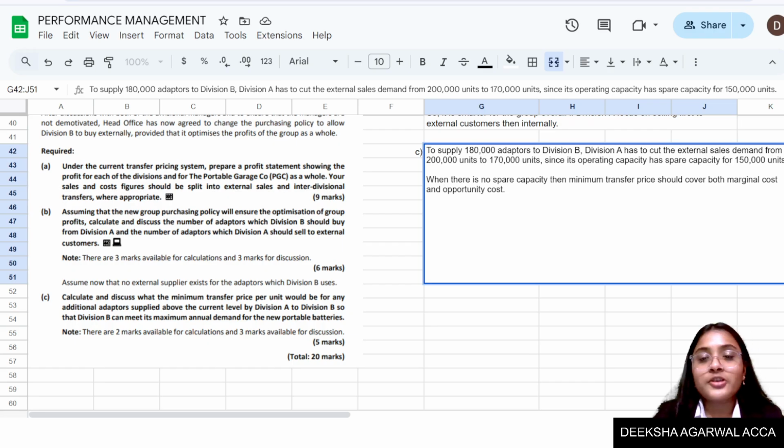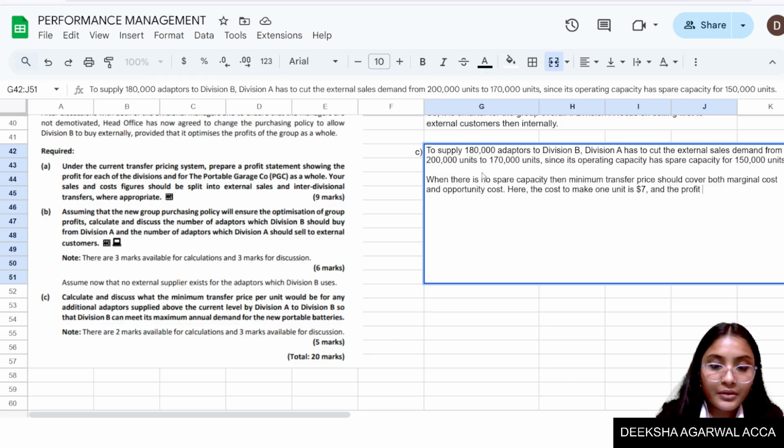We have learned what the opportunity cost is: the best next alternative foregone, and we cover both things. Correct. So here, the cost to make one unit is $7, and the profit loss from not selling externally is $7.